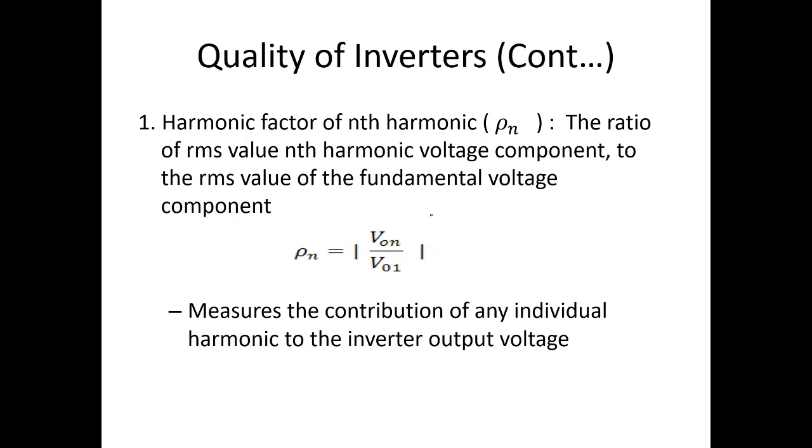Mathematically, it is equal to VON by VO1, where capital VON corresponds to the RMS value of the nth harmonic, and VO1 is the RMS value of the fundamental component. So this gives you information on the contribution of each individual harmonic component to the inverter output voltage.